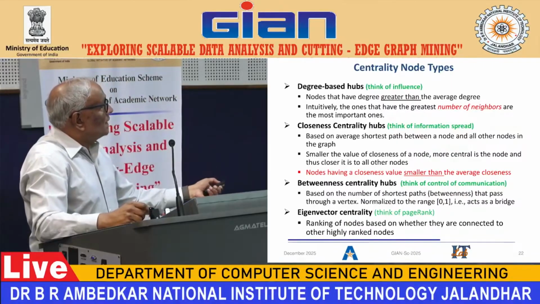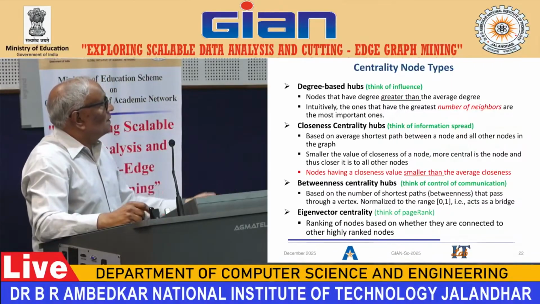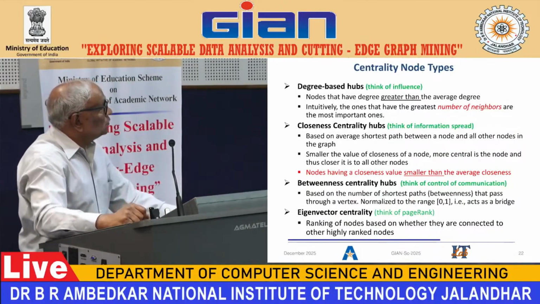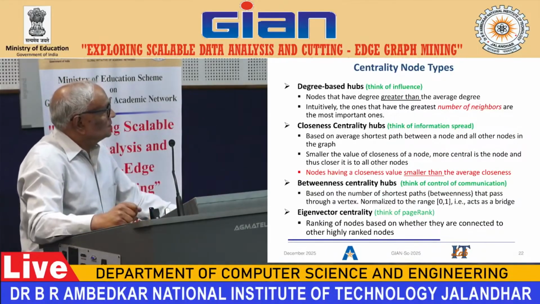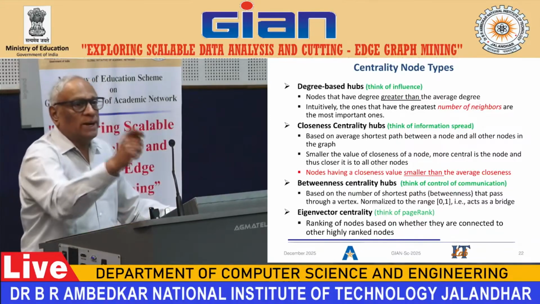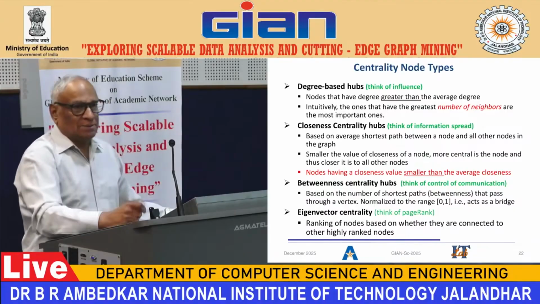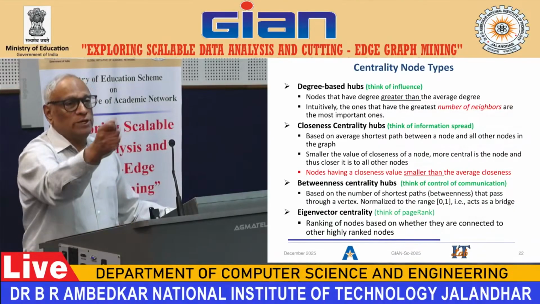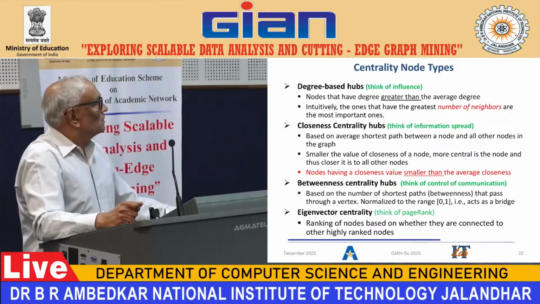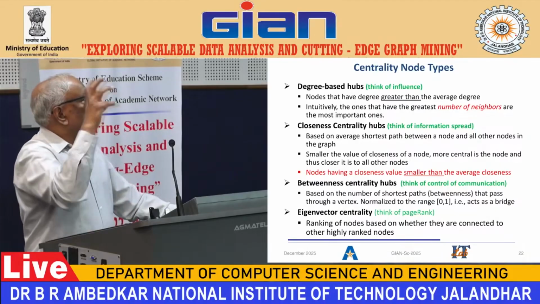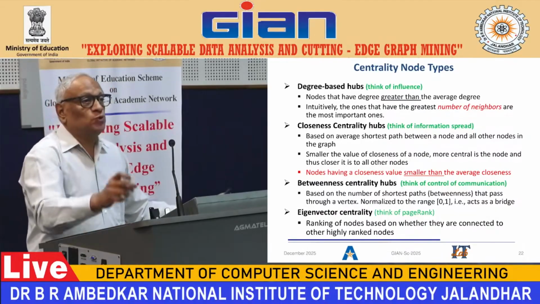So nodes that have degree greater than the average degree, intuitively, the ones that have the largest number of neighbors, or friends, or connections, or followers, can influence best. So that is why degree centrality or hub is useful.